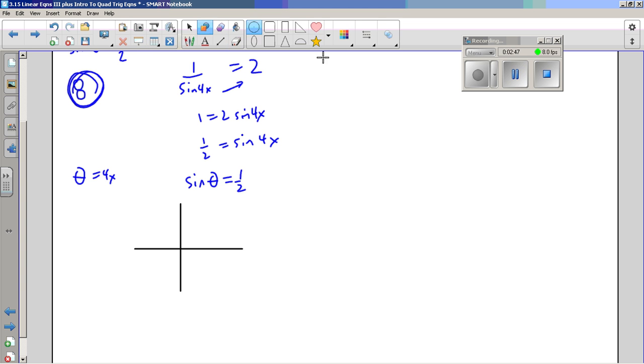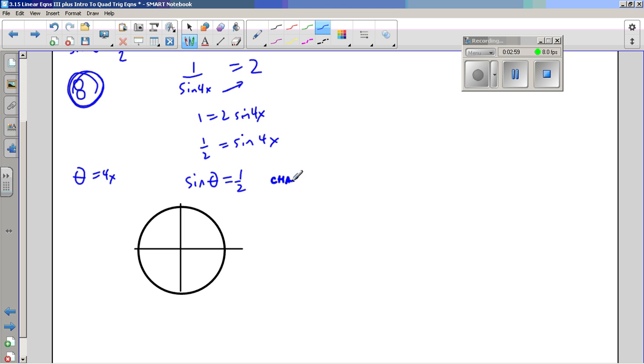Where are we here? I want to draw a diagram. That's the first step: diagram, calculator, think. Now, of course, this one's not a diagram one. This is a special angle. So from the chart, when sine is a half, the related acute angle is pi over 6.